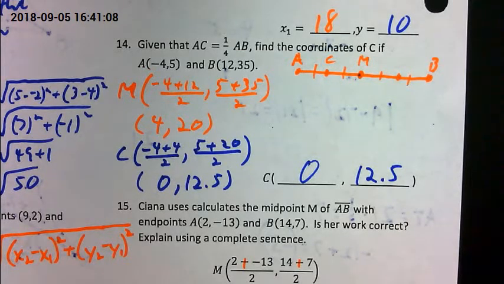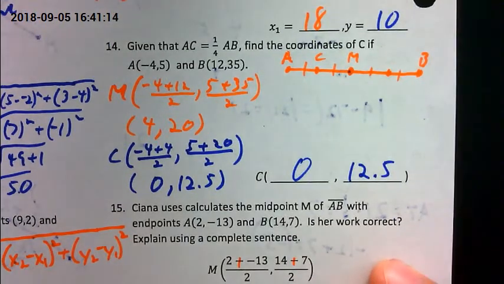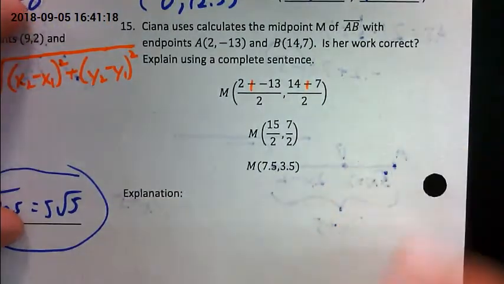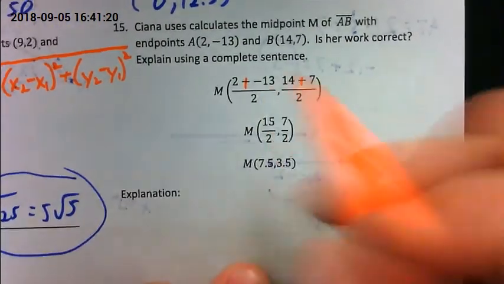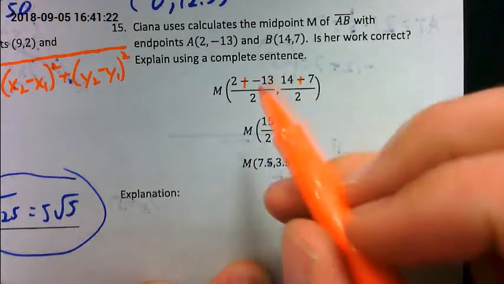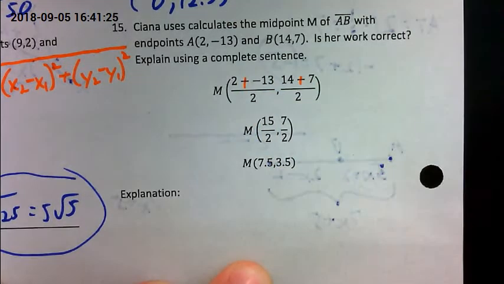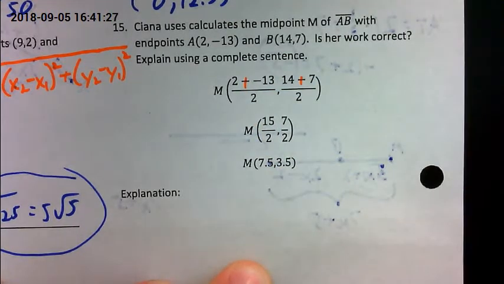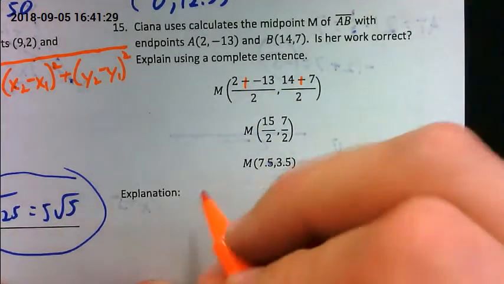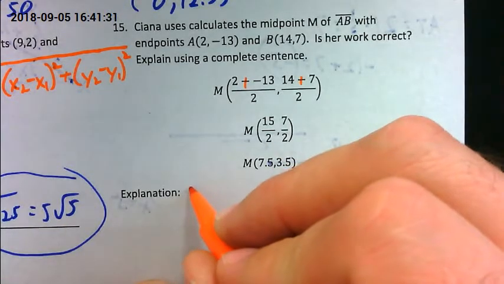All right, so you should be able to look at somebody's work and tell me what's wrong. So the explanation, I haven't written anything yet. Her main mistake there is the addition. Again, she used subtraction instead of addition. In order to average values to find a midpoint, you need to add, not subtract. So that's what I'm going to put.